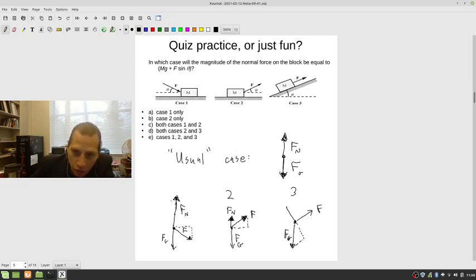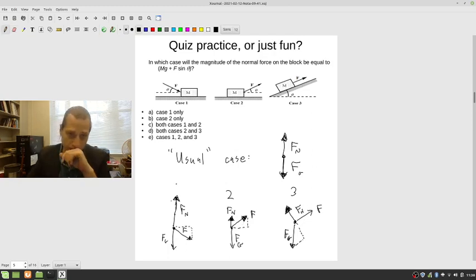And the normal force now is also going to be smaller than it was in the usual case, because only that component of the force of gravity that's perpendicular to the plane has to be supported. Sorry, that's the normal force.